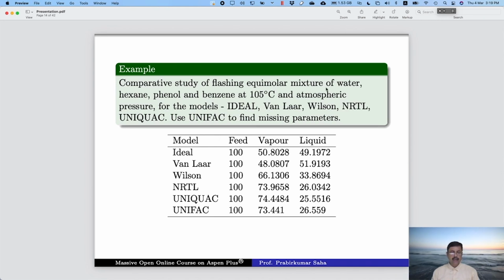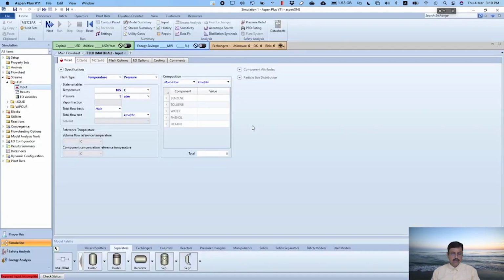So we say it is 25, 25, 25, and 25. There won't be any toluene, and total it will be 100 mole, and it will be equimolar. All of them have the same number of moles. Press next.